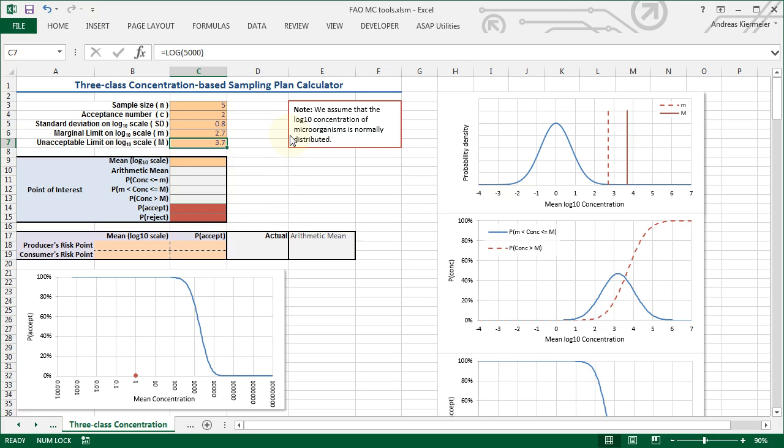And this plan is shown in book 8 of the ICMSF.